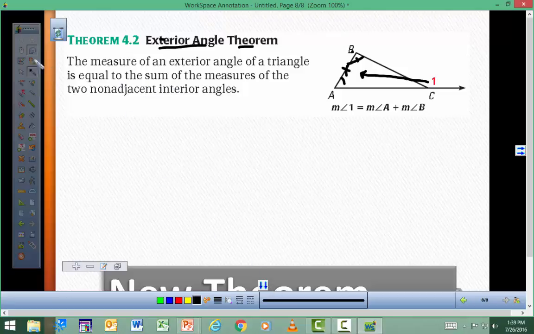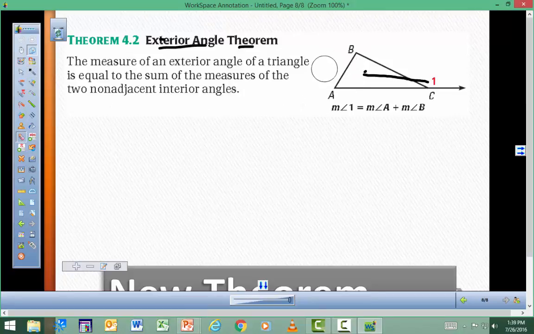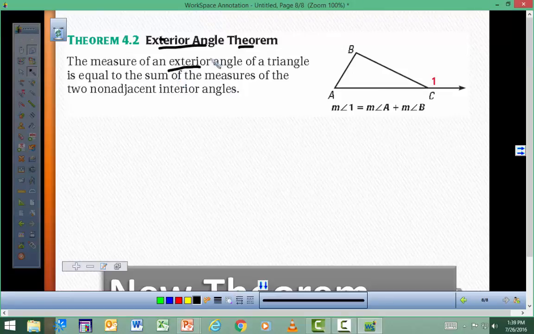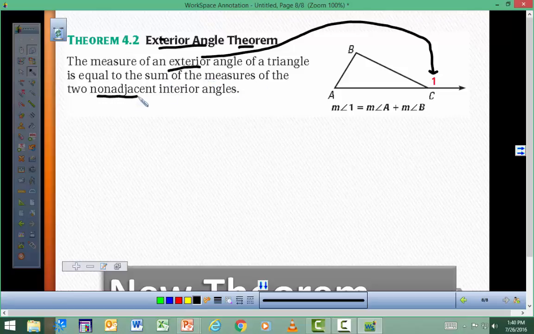So how do you describe these two angles over here, though? That's the tricky part. And so this is how we say it. The exterior angle, that's referring to this one right here. This exterior angle of a triangle is equal to the sum of the measures of the two non-adjacent. Remember, adjacent means next to.